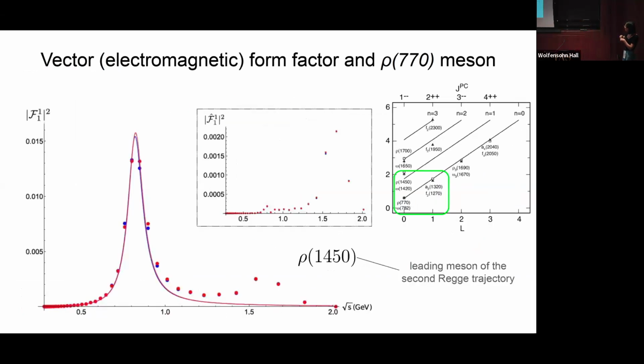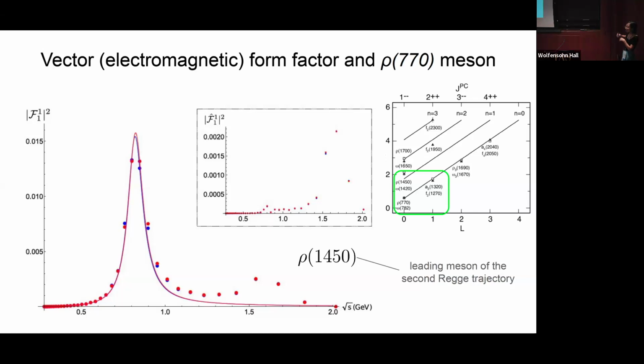It's interesting to notice that when we go to 2 GeV, the vector form factor has a small bump at a higher energy that we already identified with the rho 1450. And this is actually the leading meson of the second Regge trajectory. So we see that the bootstrap result has uncovered the leading mesons in two different Regge trajectories.